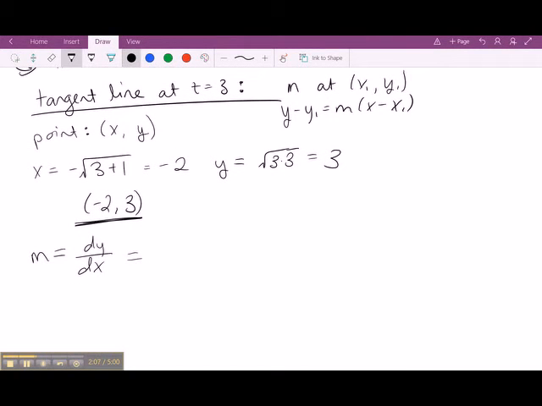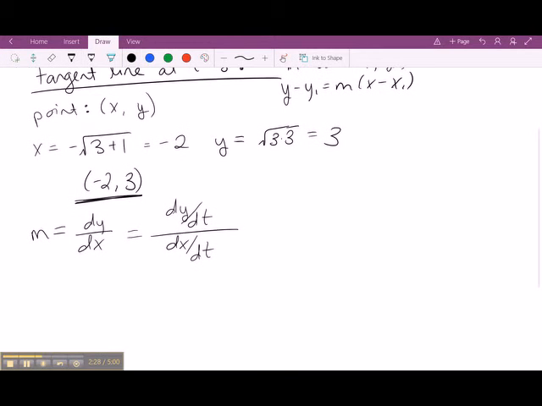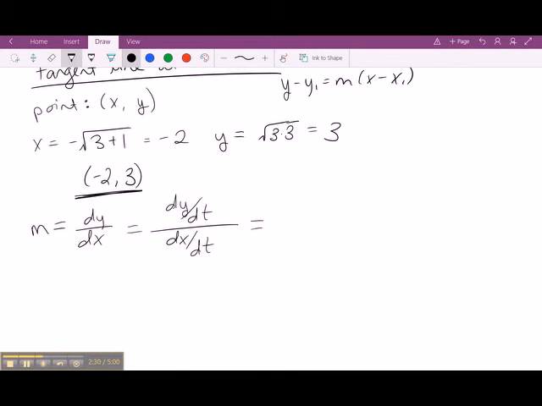The derivative of your function y is a derivative of y with respect to t, and the derivative of x is also with respect to t. So it turns out that if we find both of those, with the derivative notation anyway, the dt's cancel, which will give us a dy dx. So what we need to do is we need to find dy dt and put that over dx dt.